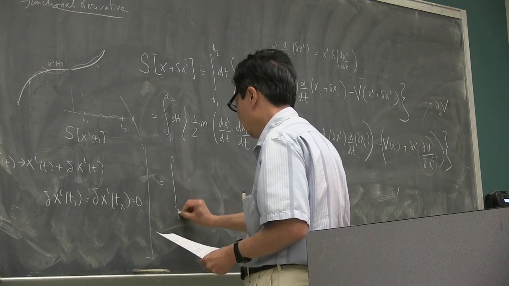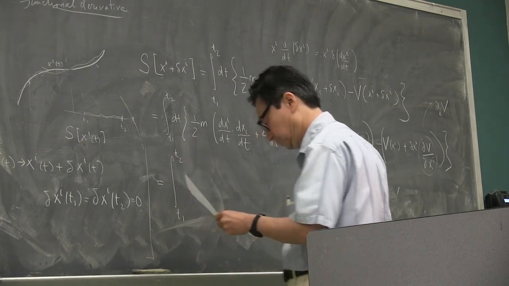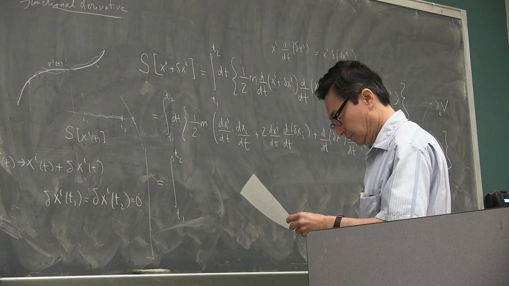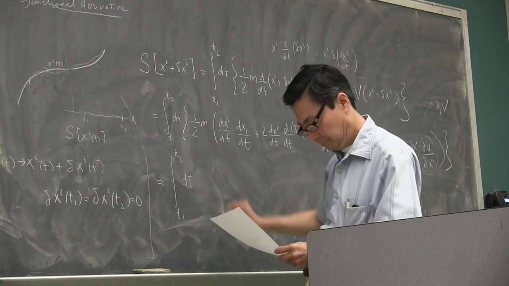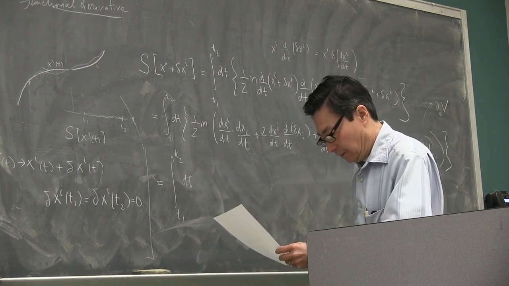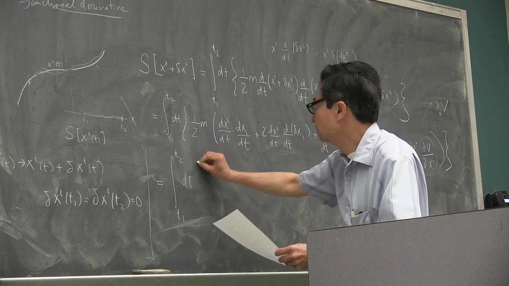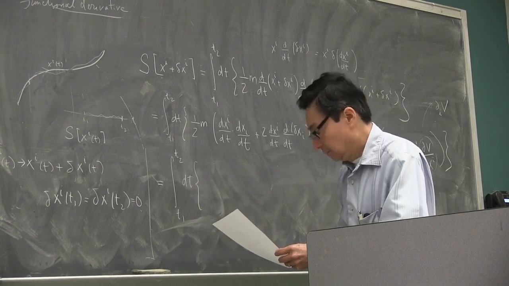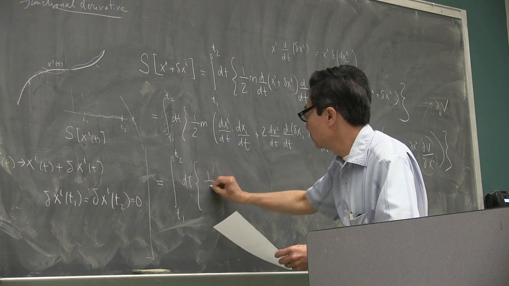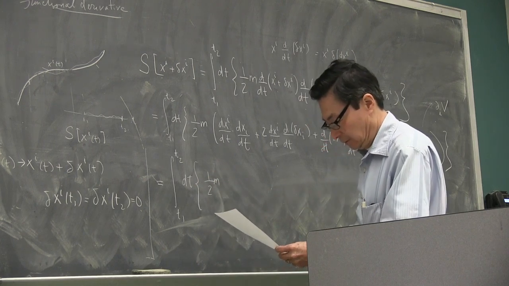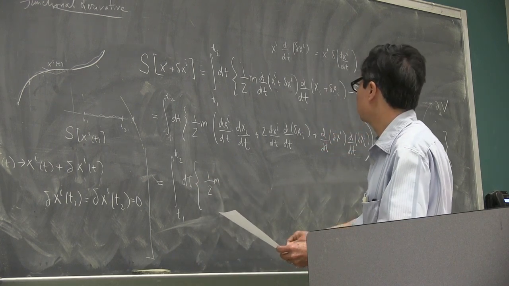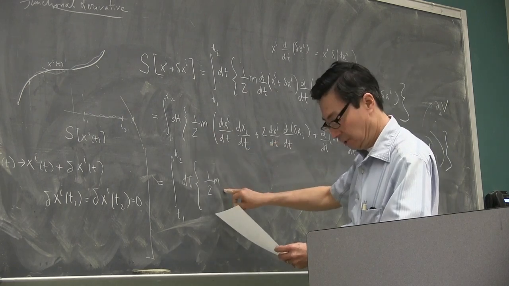Write this as t1, t2, dt. First of all, let me take this first term, 1/2 m. Well, actually, let me still factor out this 1/2 m in here.